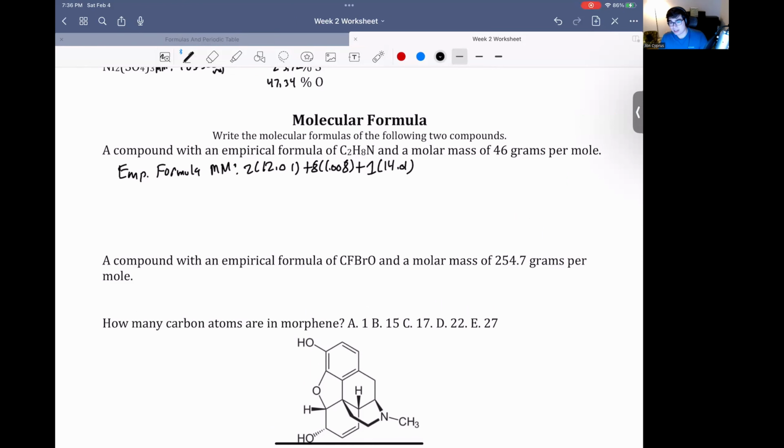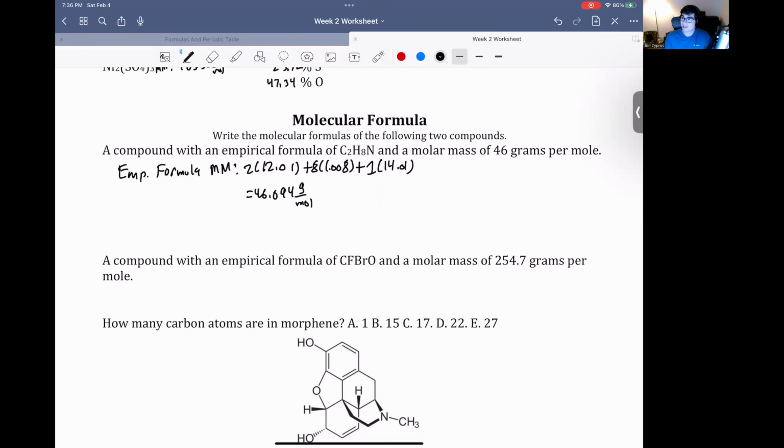So we're just going to go ahead and add these up. All right, and then we're going to go ahead and take our molecular formula and divide it by this, which you'll see we don't actually need to. We end up getting 46.094 grams per mole.